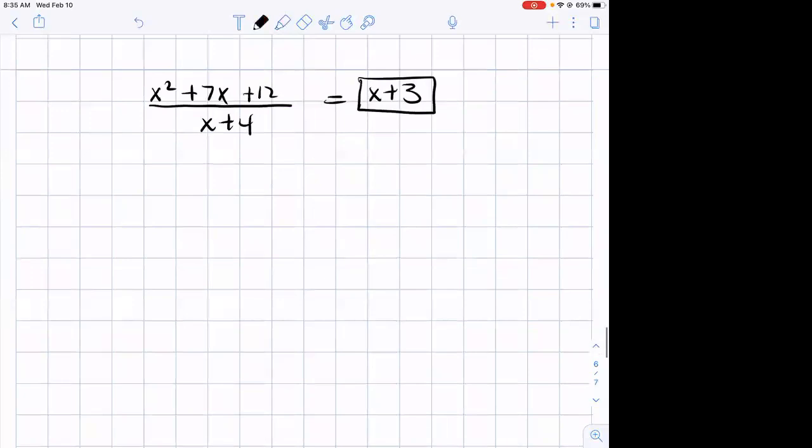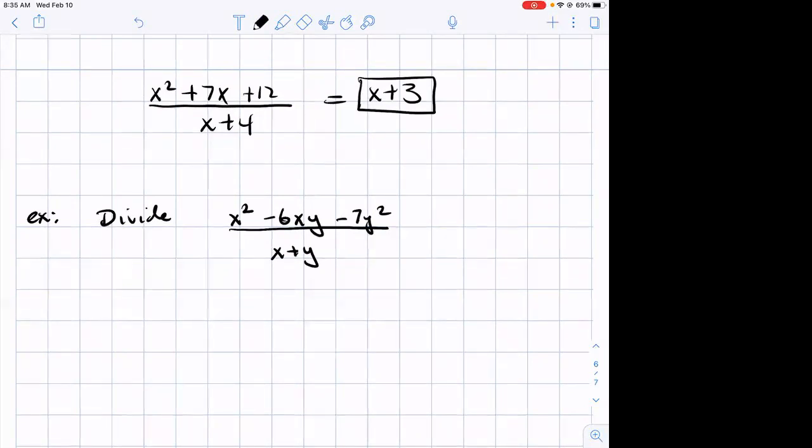Let's look at another example. So divide x squared minus 6xy minus 7y squared divided by x plus y. Okay?